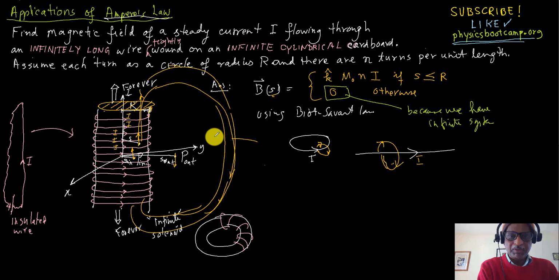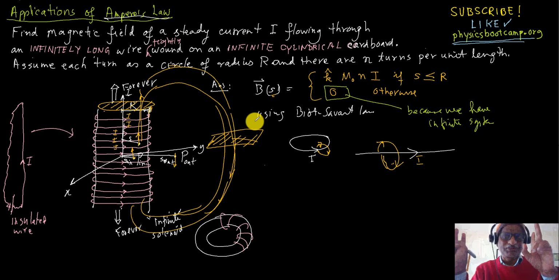If I were to look at the number of lines, there's a kind of vague concept here. The number of lines per unit area out here would be much less compared to the number of lines per unit area inside the cylinder, and that's why it's representing 0 here.